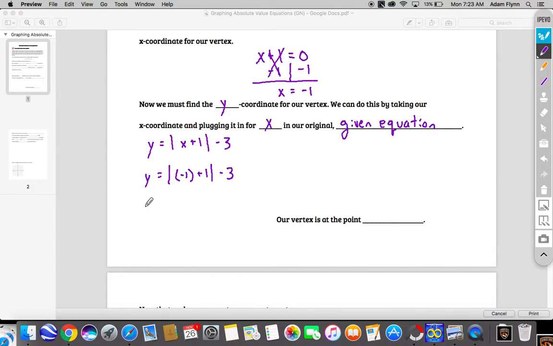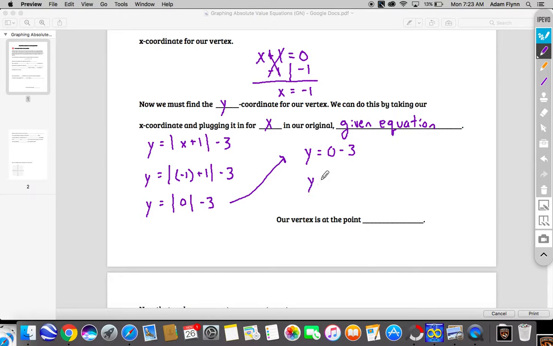Negative 1 plus 1 is going to be 0. So I've got the absolute value of 0 minus 3. Well, I know the absolute value of 0: the distance 0 is away from 0 on the number line is 0. So I've got y equals 0 minus 3.